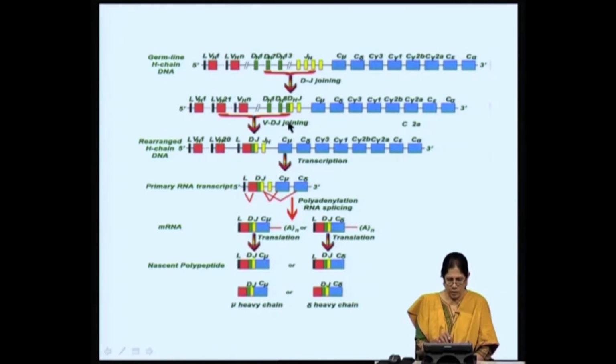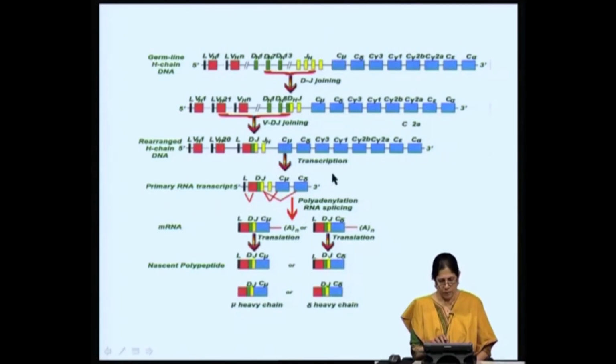Once these are recruited, then they recruit any one of the V. The joining takes place at the DNA level itself, rearranged heavy chain, and when this gene is transcribed, then you have the primary RNA transcript that associates the variable domain with the constant mu corresponding to M and or constant delta corresponding to D.